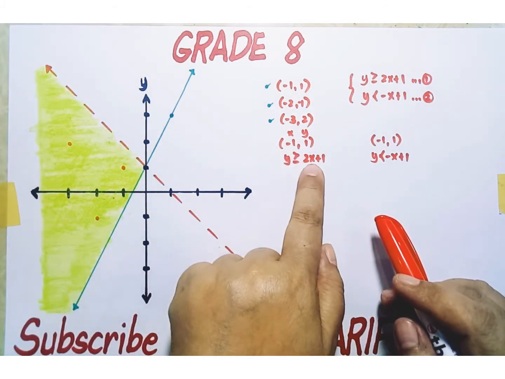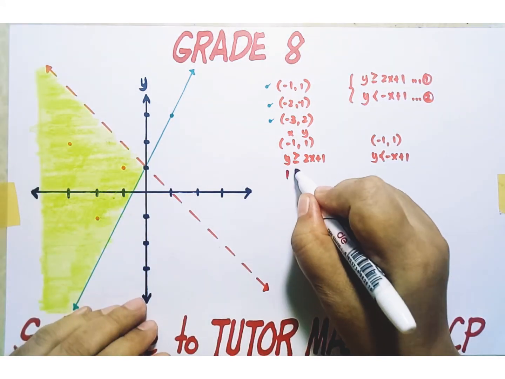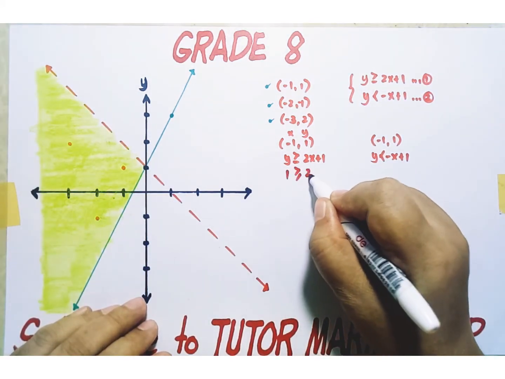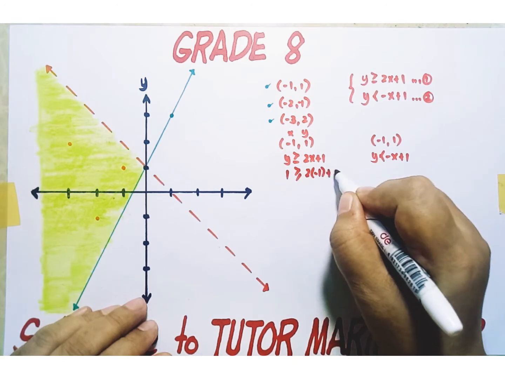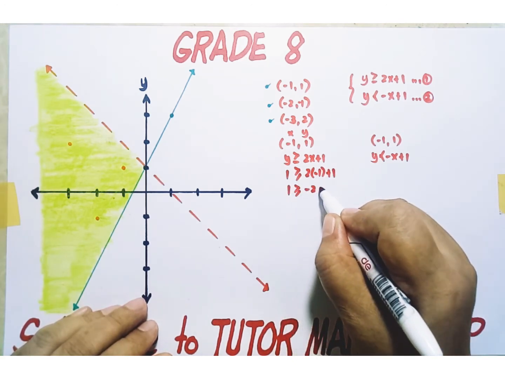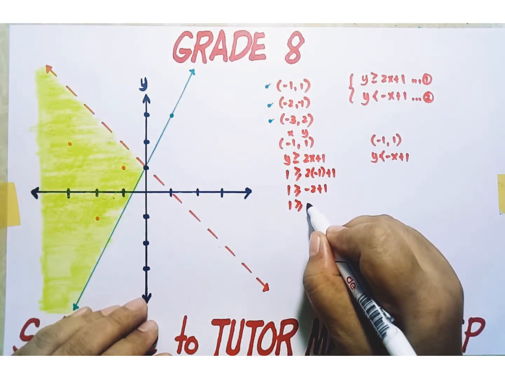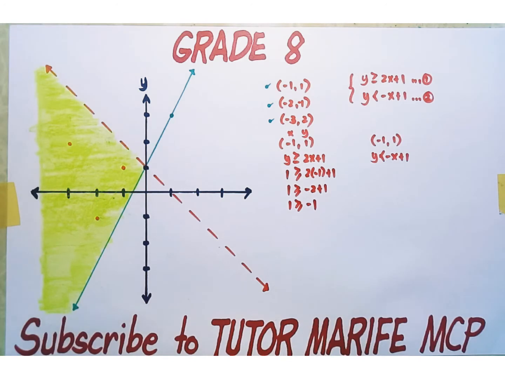Plug -1 into x, plug 1 into y. y greater than or equal to 2 times -1 plus 1. 1 greater than or equal to -2 plus 1. 1 greater than or equal to -1.